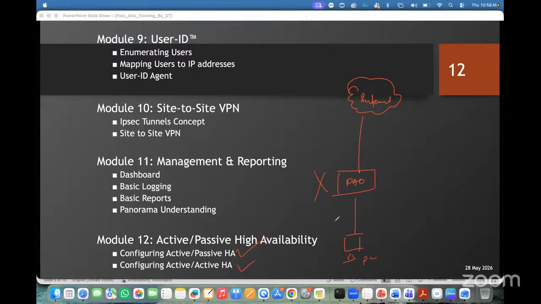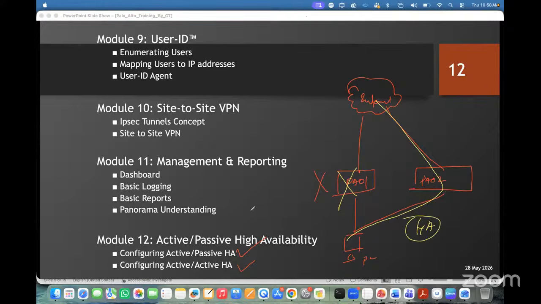Down means down, there is no other way to go, which means your traffic is not going to the internet. So you have to deploy another firewall like PA02 here, and you should have a connection via the switch, and also you have a connection via the switch. So in case this goes down for any reason, still traffic is going via this one. So you have the HA, which is known as high availability.